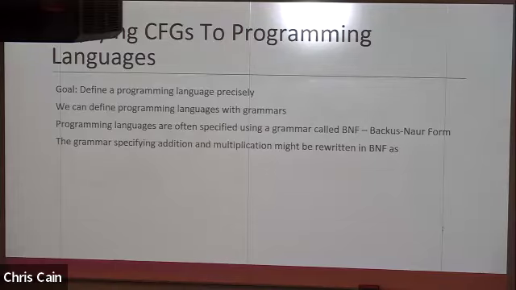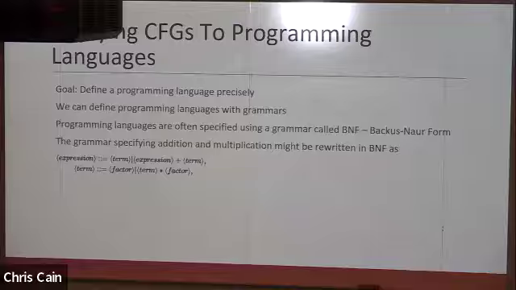As an example, a grammar specifying addition and multiplication could be written as, and this is where the E and T and F come from. In the prior grammar, they're expressions, terms, and factors. So BNF just looks like this. The arrows that we've been drawing are just colon, colon, equals. And we use the angle brackets that we saw in the part of the homework problem dealing with representing floating point numbers.